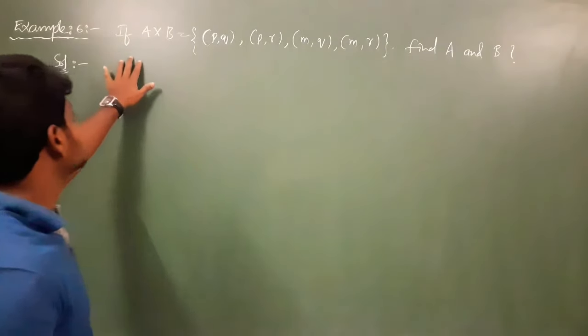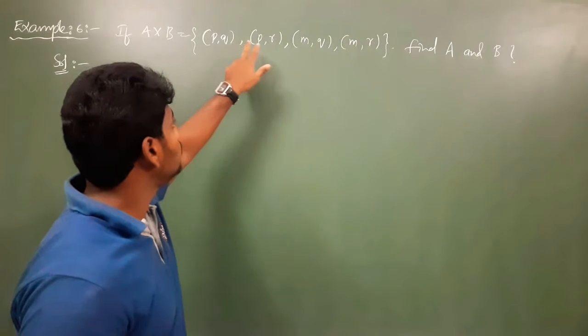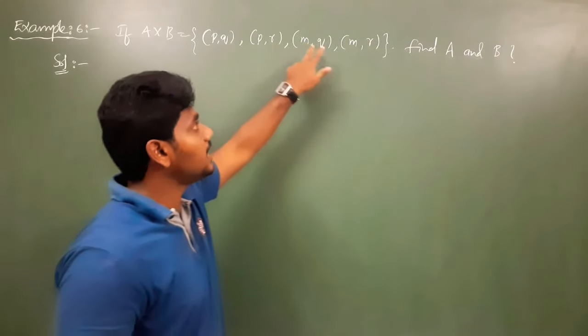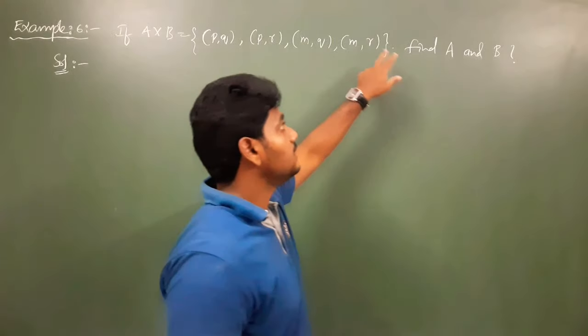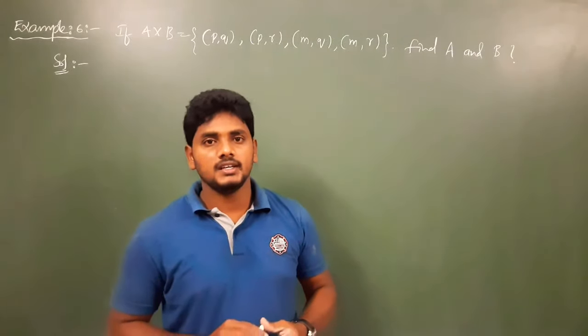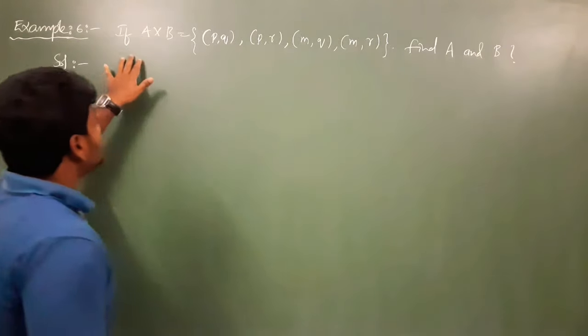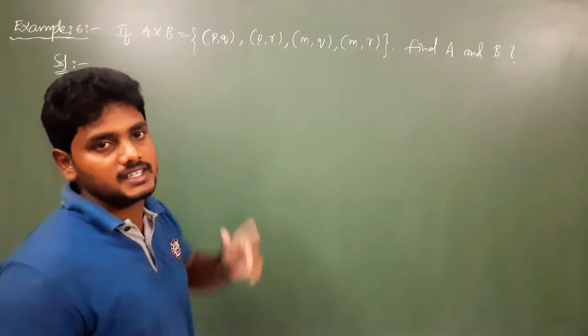Example number 6. If A cross B is equal to the set of ordered pairs (P, Q), (P, R), (M, Q) and (M, R), find capital A and capital B. What are capital A and capital B? They are nothing but sets, right? From this Cartesian product, how do we find the sets?